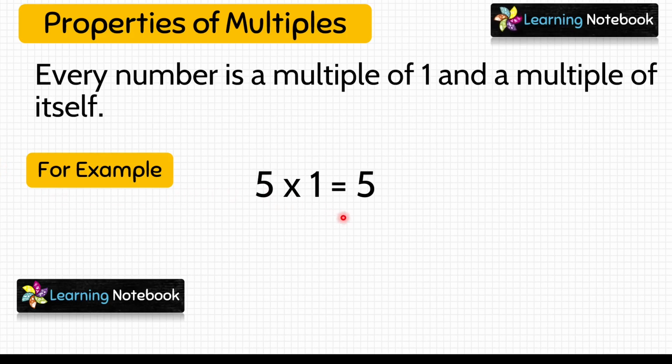So here 5 is a multiple of 1 and it is also a multiple of itself, that is 5. Next, 7 multiplied by 1 equals 7. So here 7 is a multiple of 1 as well as a multiple of itself, that is 7.